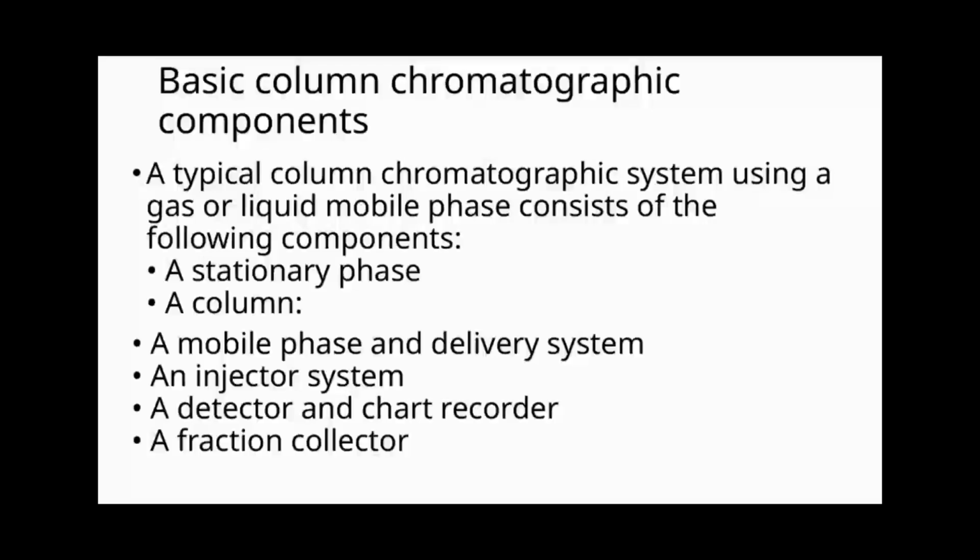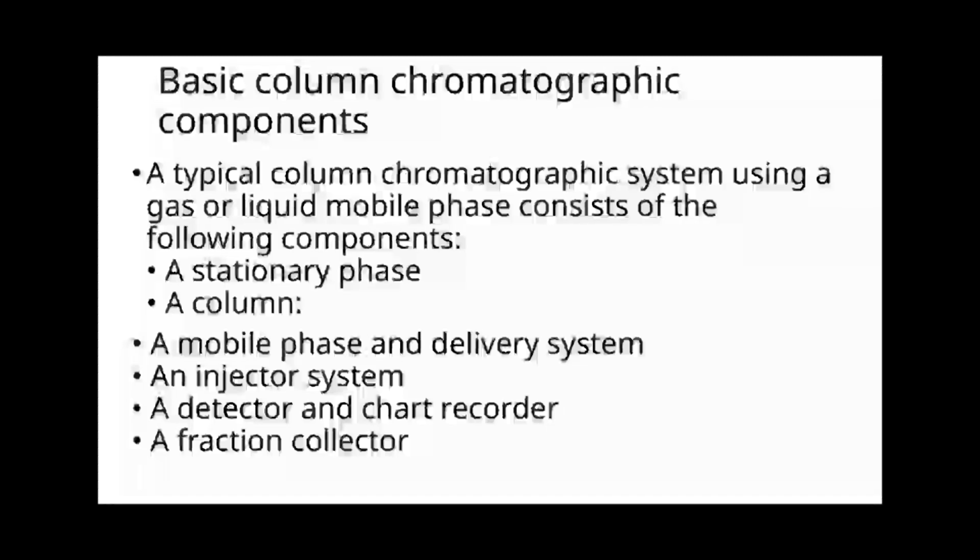Then there's the injector system, which introduces the sample into the system in a controlled manner. Proper injection technique ensures reproducibility and accuracy. Following that, we have the detector and chart recorder, which identify and record the separated components as they exit the column, giving us essential data for analysis.